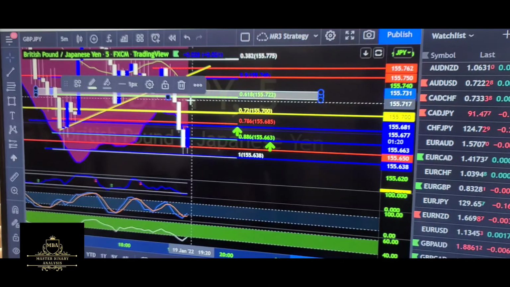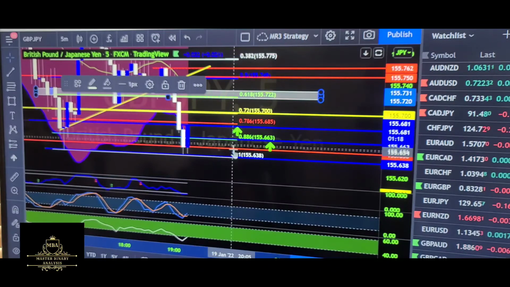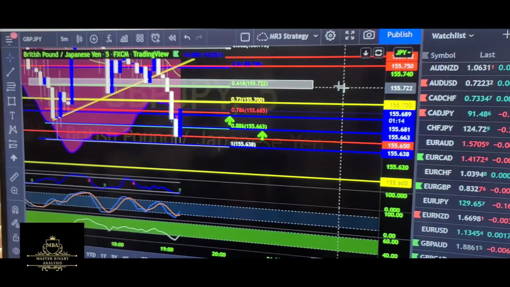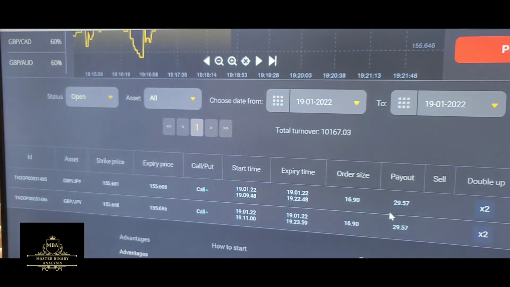It'll go up there and then probably start working its way back down to continue a trend. So currently both of our trades are in profit. We just needed to hold out for another few minutes. We got about 4 minutes left on our top entry, 5 on our bottom entry.